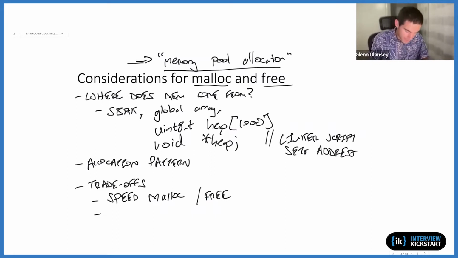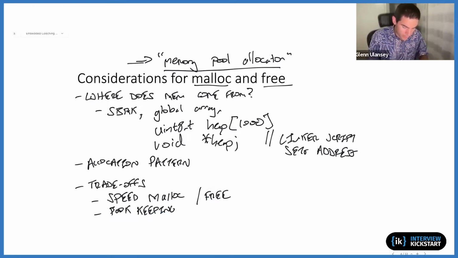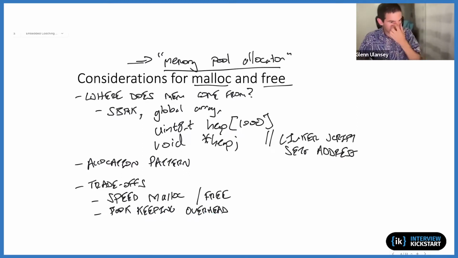Another trade-off is how much bookkeeping overhead are we going to need? Are we going to use a linked list? Are we going to use arrays? What sort of bookkeeping are we going to need?